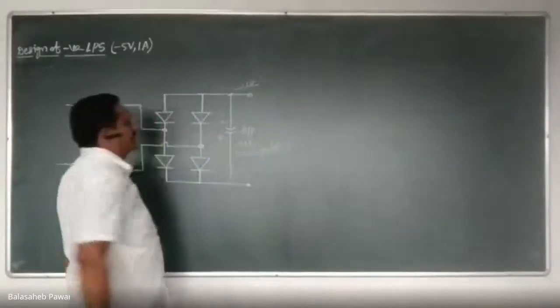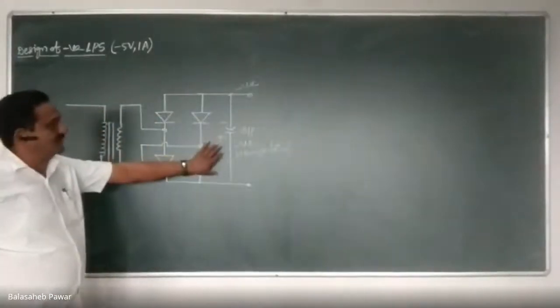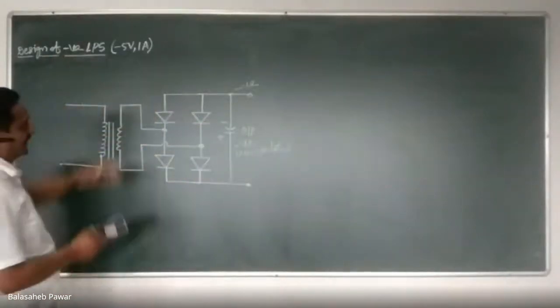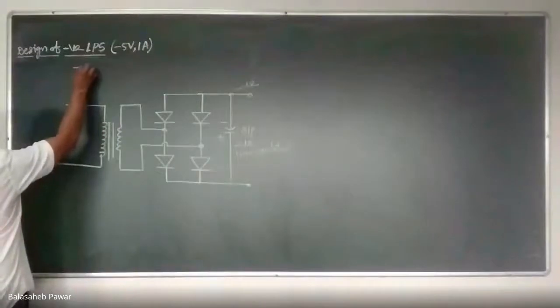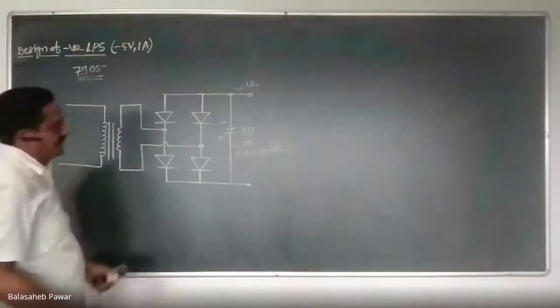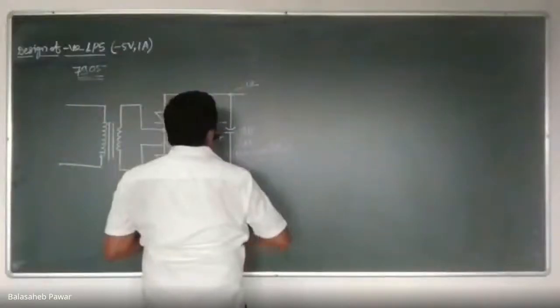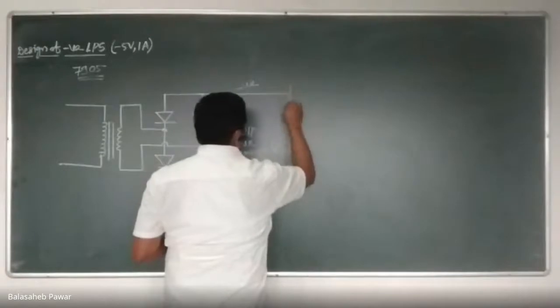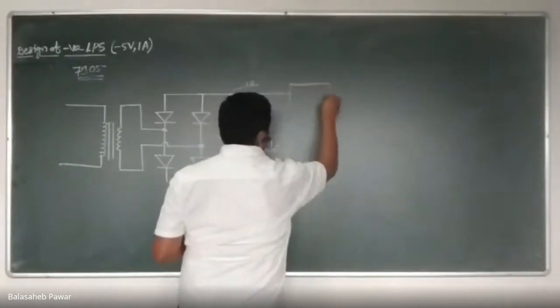And this negative unregulated output we are going to use as an input to the 7905. I am going to use the 7905 negative fixed voltage regulator, and it will be somewhat like this.